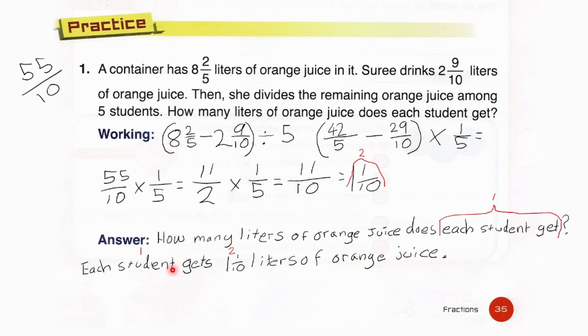Okay, so here we go. So here, litres of orange juice. Okay, so that's how we can make the answer from the question.